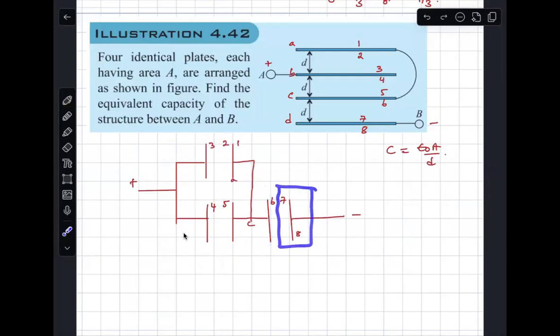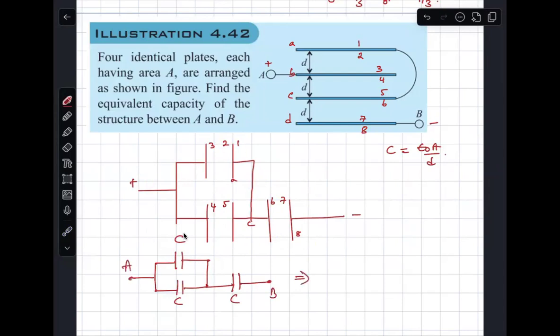This is plate D. When I close the account, I am showing you the full account. Now finally, how can I write this further? This is simply C, C, C. So nothing but 2C and C in series: 2C by 3. This is the equivalent capacitance of the arrangement.